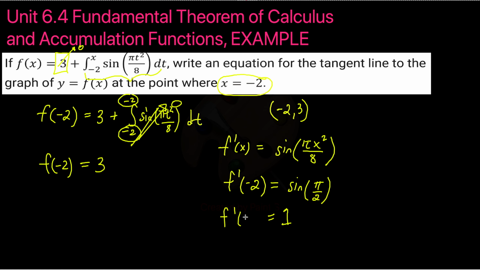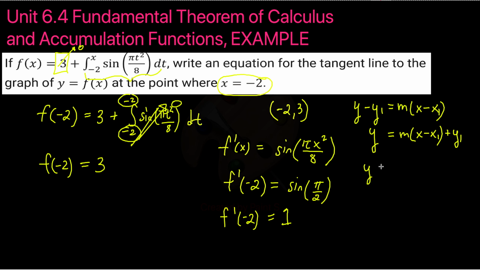And now I have a point and slope. So the equation for the tangent line, I'll use point slope form, y minus y1 is equal to m times x minus x1. Just going to write it in terms of y: m times x minus x1 plus y1 is equal to y.